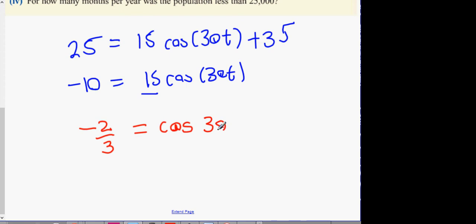Now guys, what we're going to do next is cos inverse it. We're going to separate the cos and the 30t. Please remember the 30t is the angle, so we're going to bring it over and cos inverse it. So what's cos inverse of minus 2 over 3?